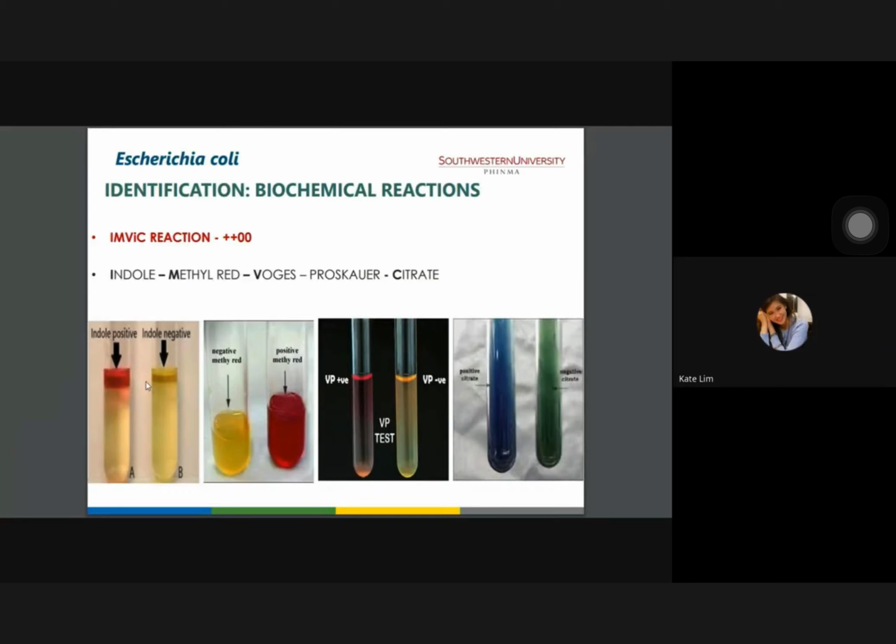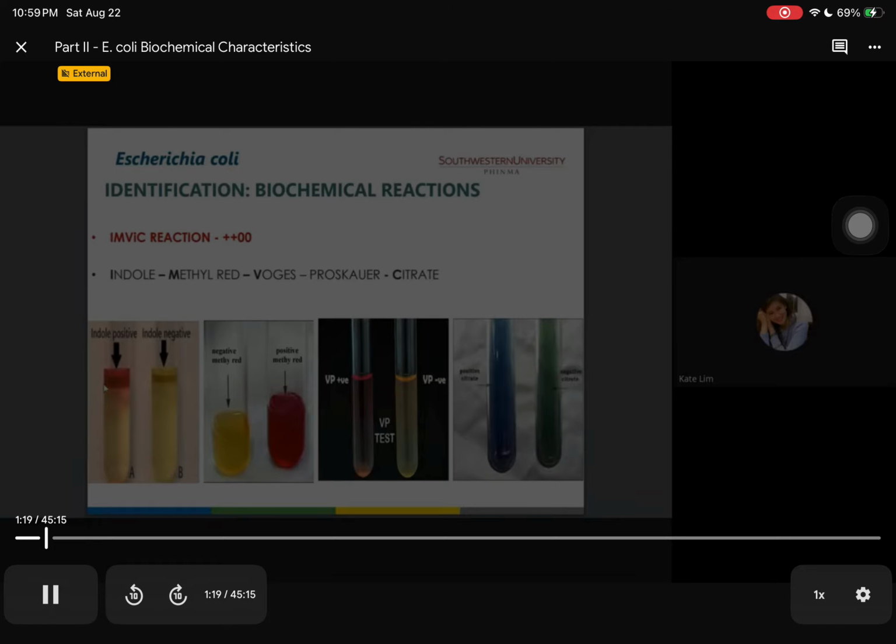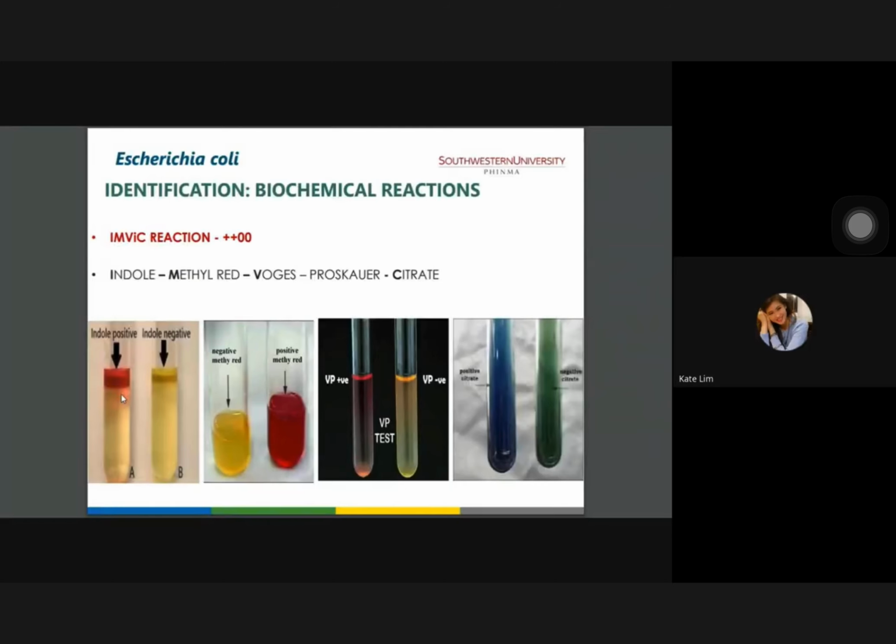So for the indole test, the positive reaction is a reddish or pink ring which appears in the reagent layer. This is the reagent layer. The reagent is the Kovac's reagent.